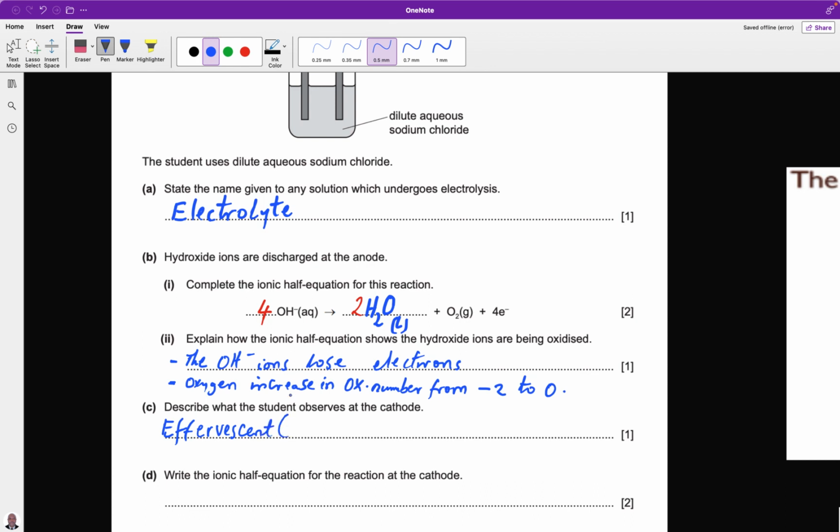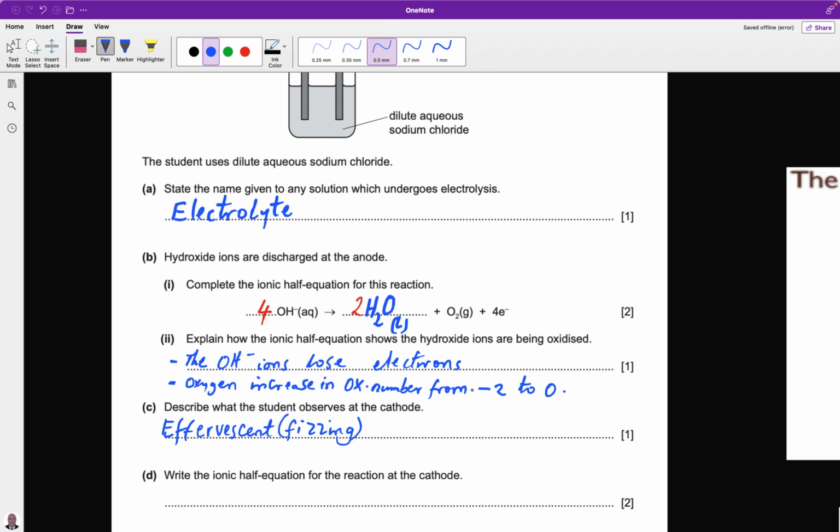Or what we can say, fizzing. Or you can also say, bubbles of gas are observed, because you will see bubbles of gas indicating the release of a gas.